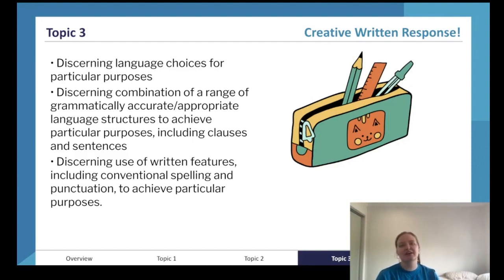So I definitely encourage you to be using different types of vocabulary, lengthening and shortening your sentences in different ways, using contractions, all of those sorts of things, using internal dialogue, external dialogue, all of these things. And a discerning use of written features, including conventional spelling and punctuation, to achieve particular purposes.